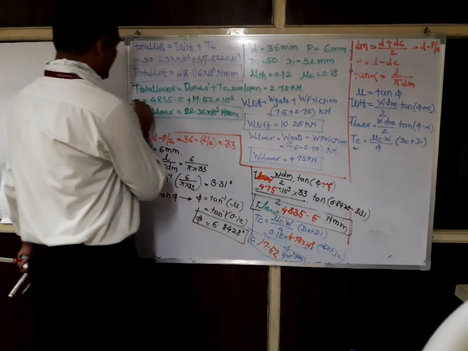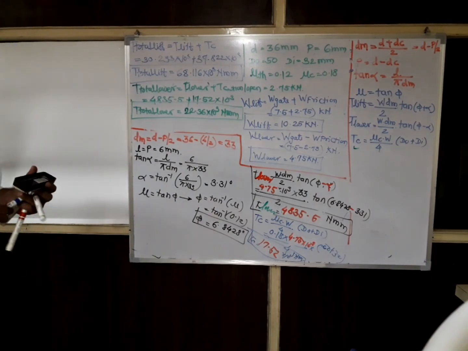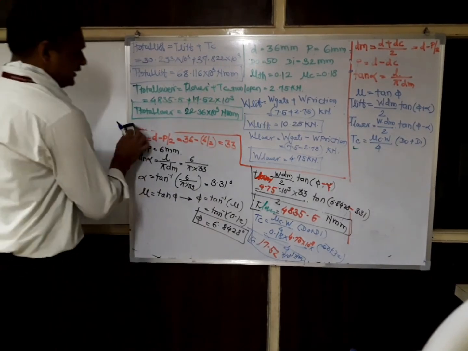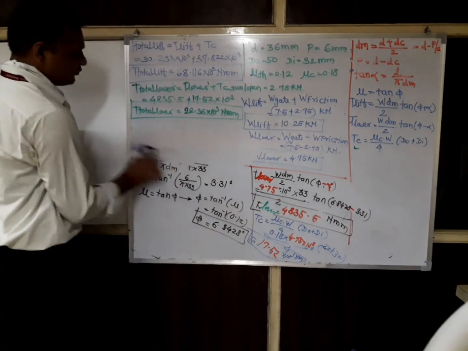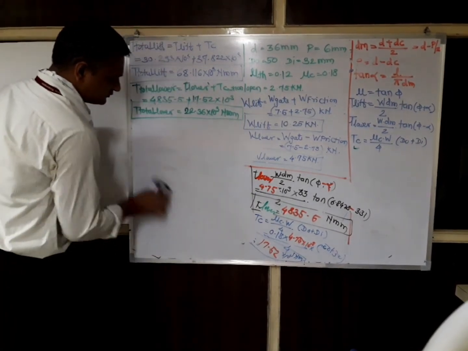Now you got the value for T lift as well as T total lower. Now we need to evaluate the force required at the end of the hand wheel having the radius of 300 mm.